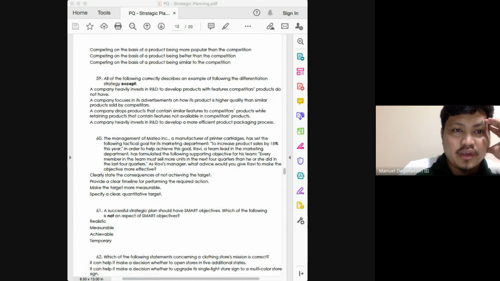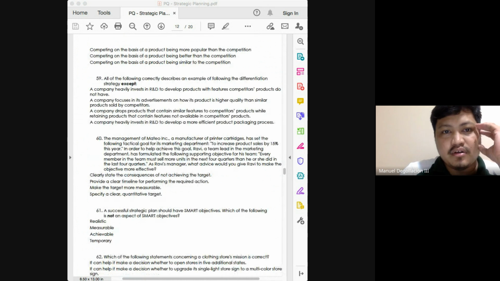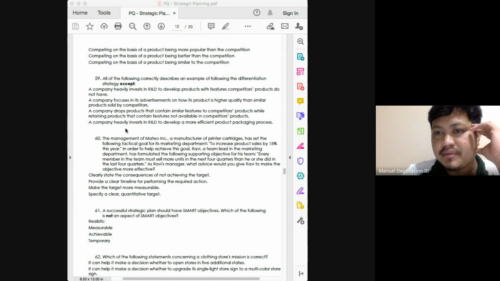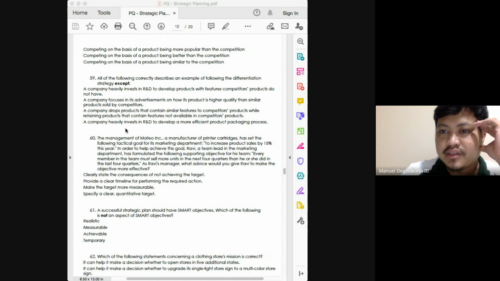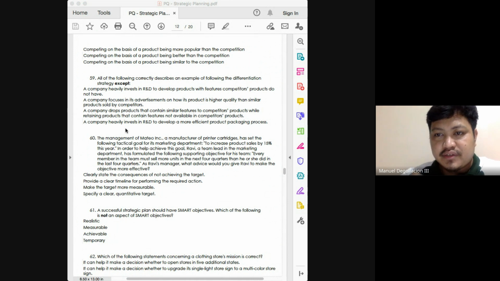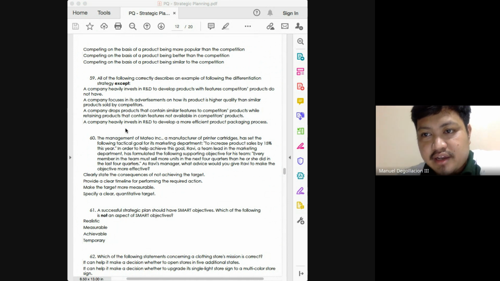59. All of the following correctly describes an example of following differentiation strategy, except. Let's try to go over the choices. A company heavily invests in research and development to develop products with features that competitors' products have. Okay, so obviously that's differentiation. A company focuses in its advertisements on how its product is higher quality than similar products sold by competitors.